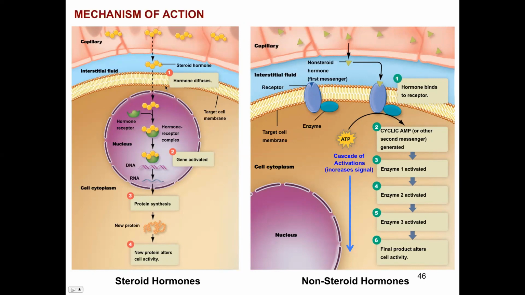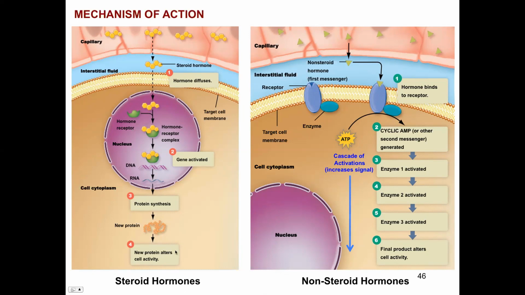So this will actually diffuse through the membrane, and it can bind to a receptor. It can even diffuse through the nuclear membrane, bind to a receptor on this side, and then cause the activation of a gene and then synthesis of a protein. Okay, so you don't even need very much of this. You just need a few of these molecules getting in here.